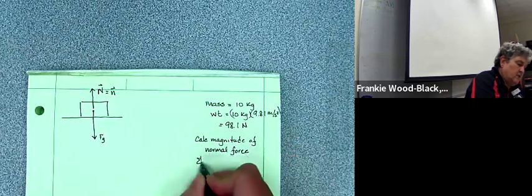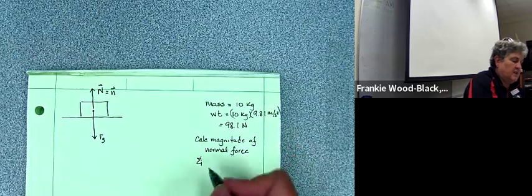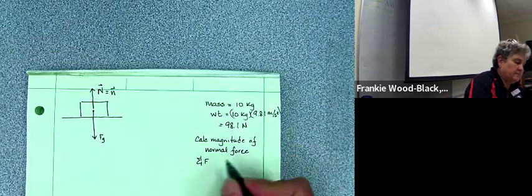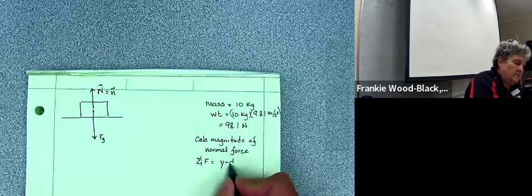That's the sum of the forces. Now this is interesting because these forces here are in the y direction.